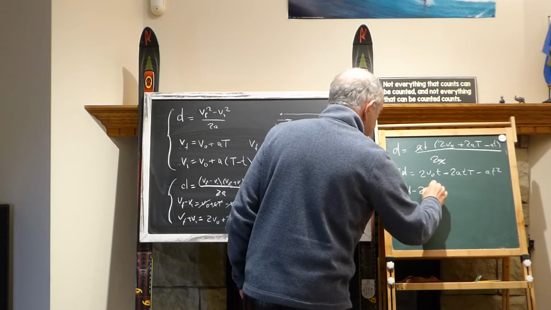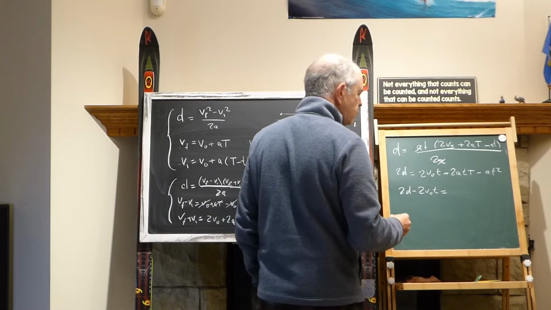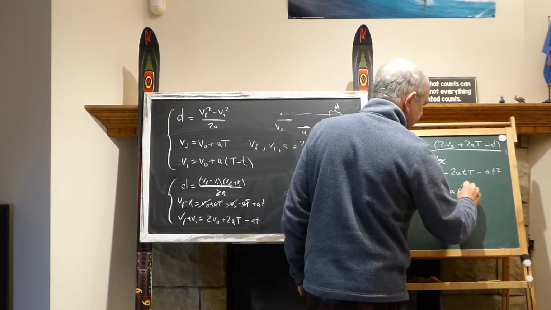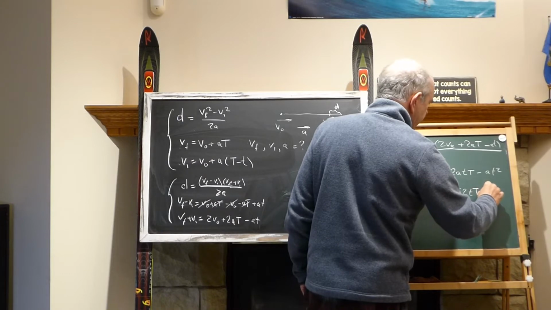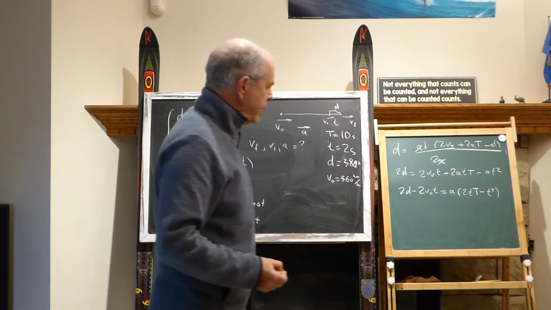Now everything with a stays here, everything without goes to another side. 2d minus 2v0t equals, and this is here, so a out, factor it out, 2t t minus t squared. Very nice.